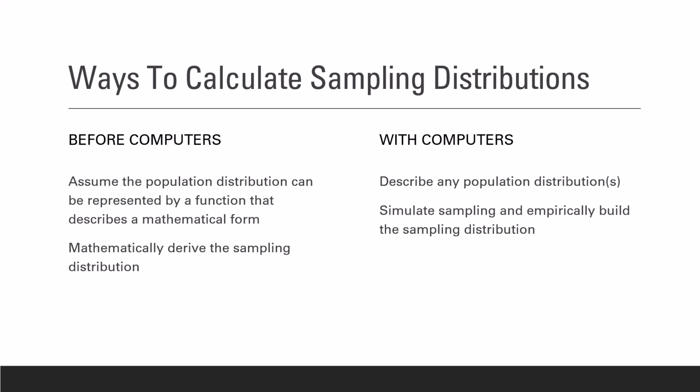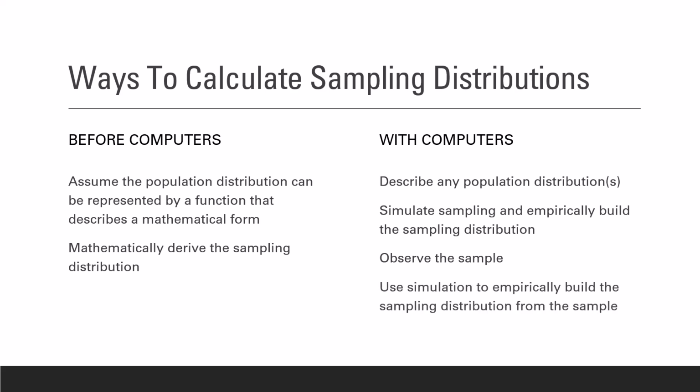Another thing that we can do with computers is look at an actual sample that we have and go in the other direction. Instead of simulating drawing a sample from a population, we can actually simulate the population from the sample. And we can empirically build the sampling distribution from the sample because we're simulating the population. So it's two different ways of doing it.